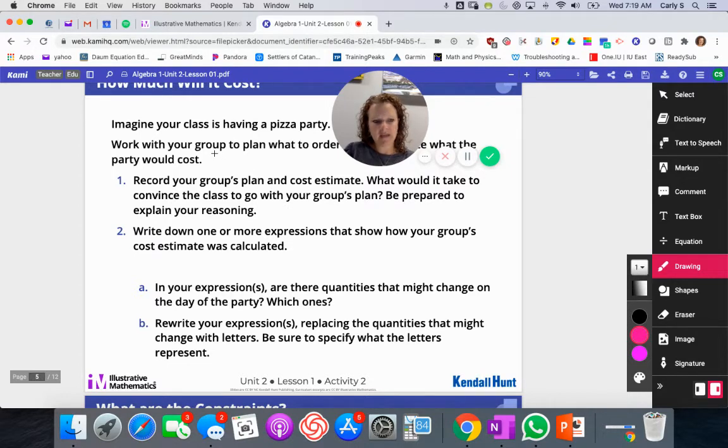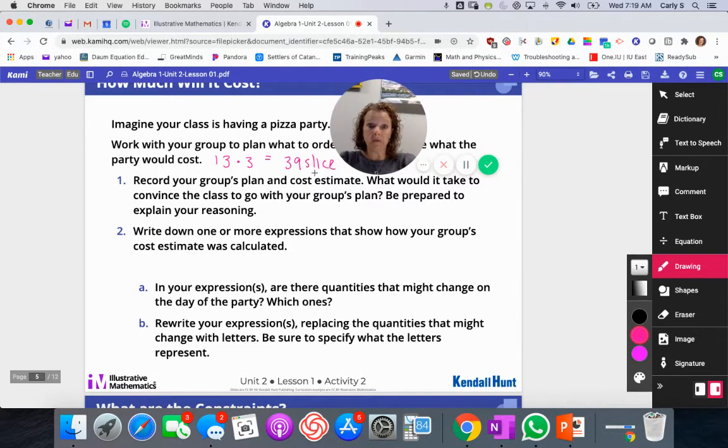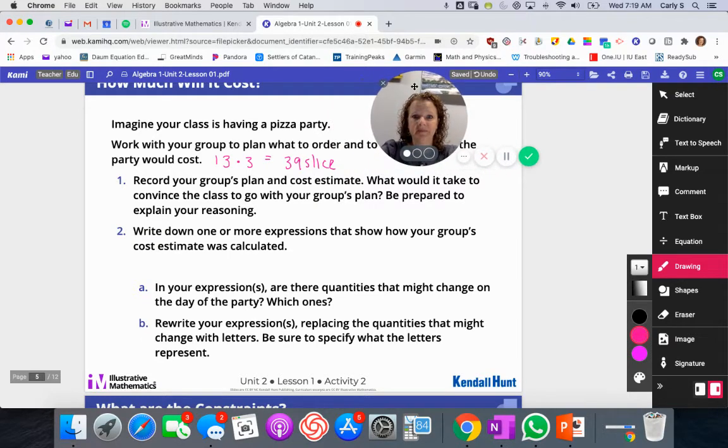That would be 13 people, 12 students and 1 teacher, times 3 pieces of pizza apiece. That equals 39 slices of pizza.